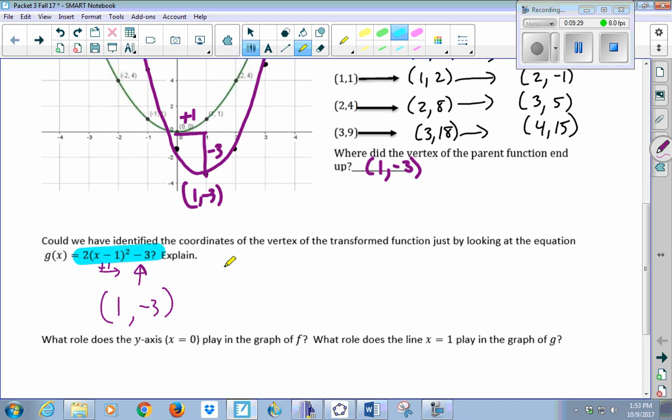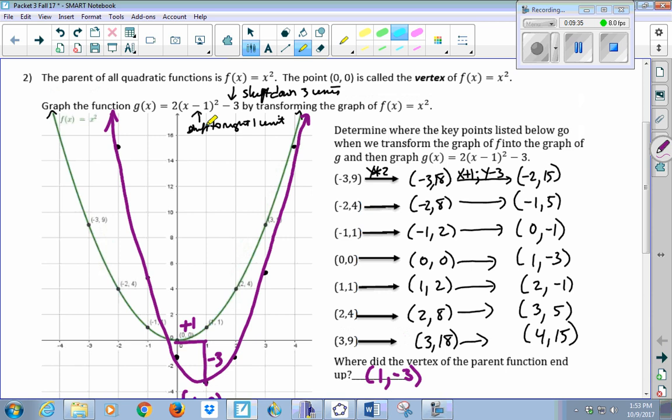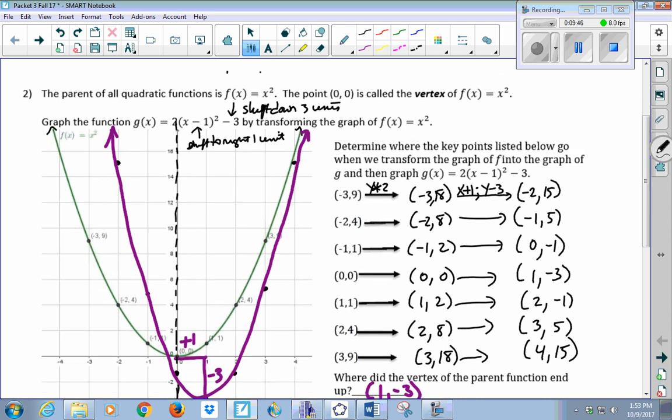So what role does the y-axis, x equals 0, play in the role of f of x? Well, if you recall, x equals 0 is the line of symmetry for this parabola. We can fold this parabola around the y-axis, and each point to the left of the y-axis has a matching point the same distance to the right of the y-axis.